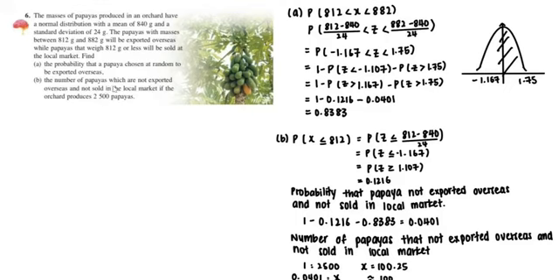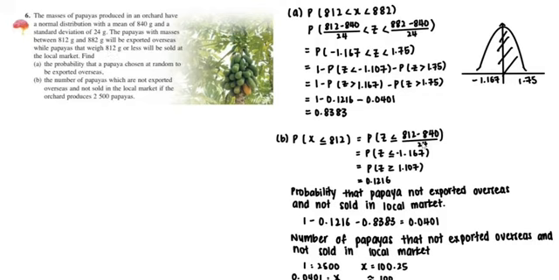Now, look at question B. The question needs us to find the number of papaya which are not exported overseas and not sold in the local market. First we find the probability that the papaya is sold in the local market, which is a papaya weighing 812 gram or less.